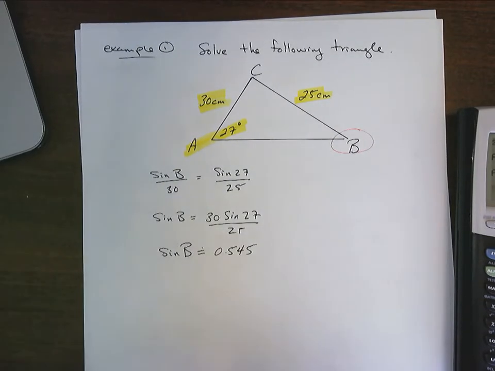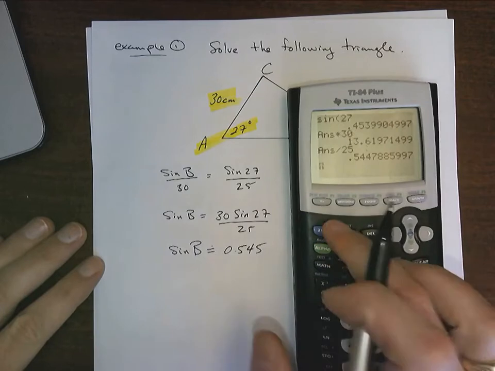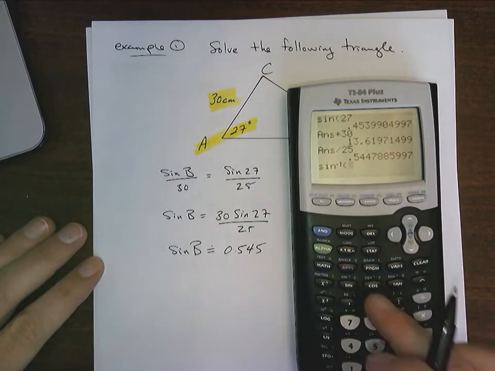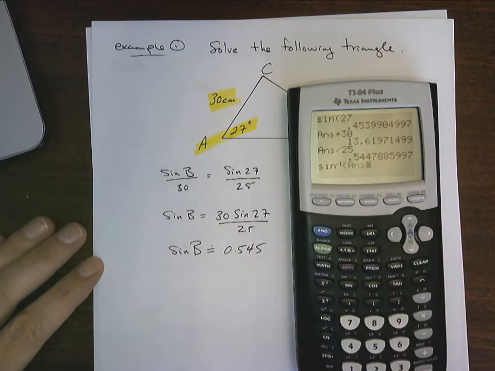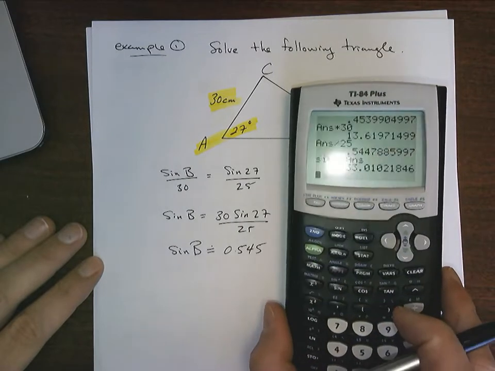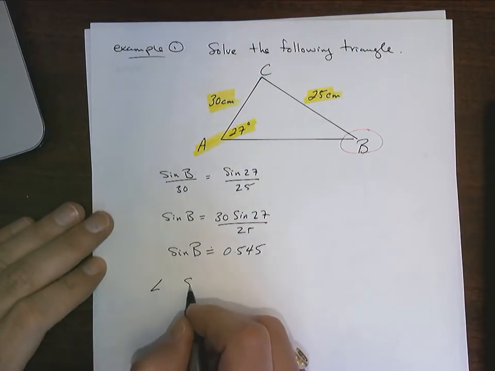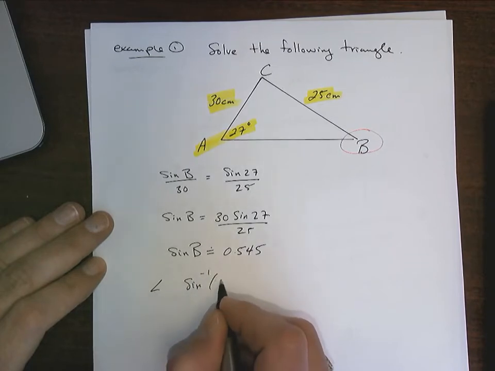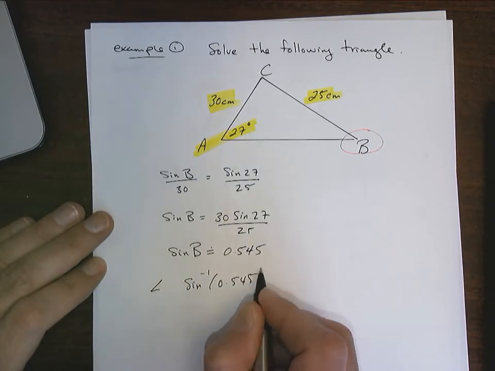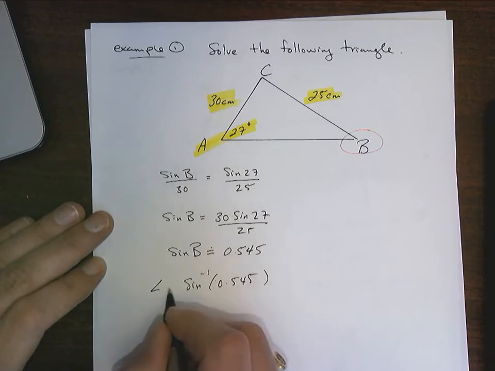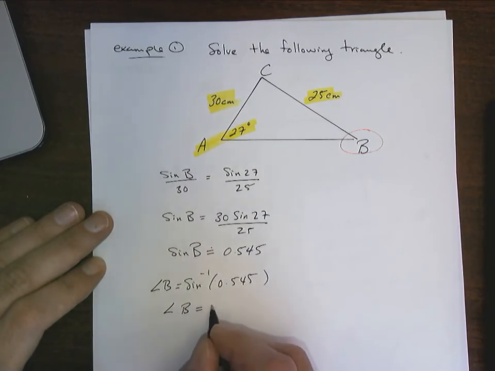All right, so now that answer, using our second function inverse, putting that answer in, I'm going to get 33 degrees. So, using this sine inverse of 0.545, we're actually going to get angle B equaling 33 degrees, approximately.